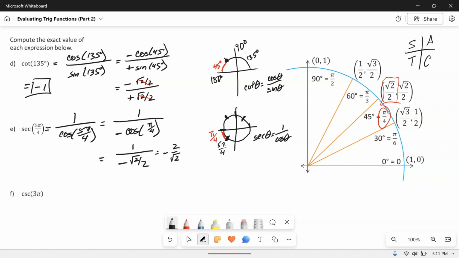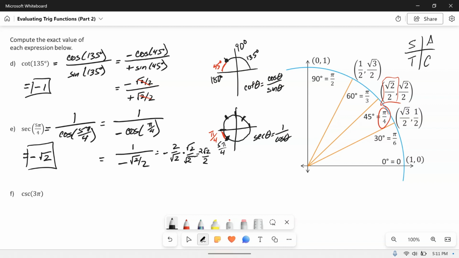You could leave it there if you want, but we could also rationalize this by multiplying top and bottom by root 2. And then when we do that, we end up getting that secant of 5 pi over 4 is a negative square root of 2. Okay, that's because, again, this becomes a 2 root 2 over 2, and the 2's cancel.